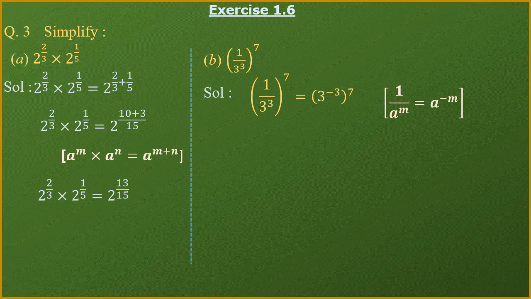Now the term is having two different powers, so both the powers we can multiply by the formula a to the power m whole power n is equal to a to the power m into n.